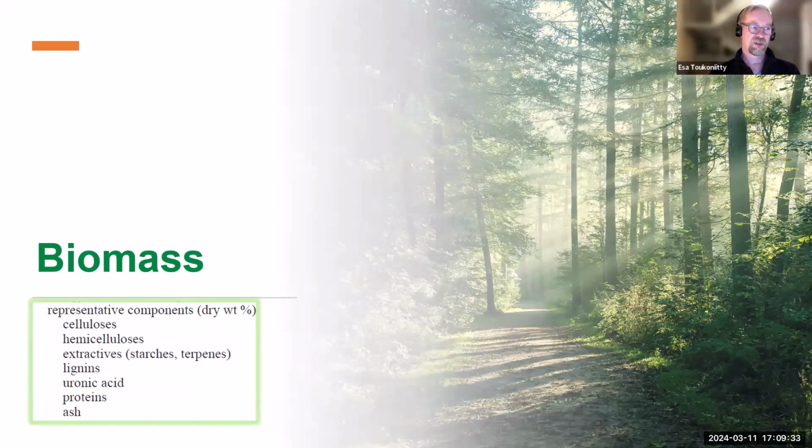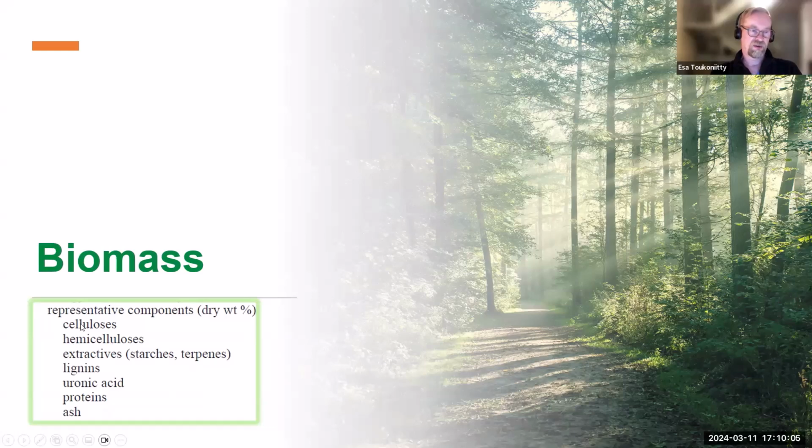Cellulose is the one component that is separated from wood in the pulp and paper industry, and it's the main ingredient in tissue paper, for example. Then the lignocellulosic wood or biomass contains, in addition, hemicellulose. It's a slightly different material.